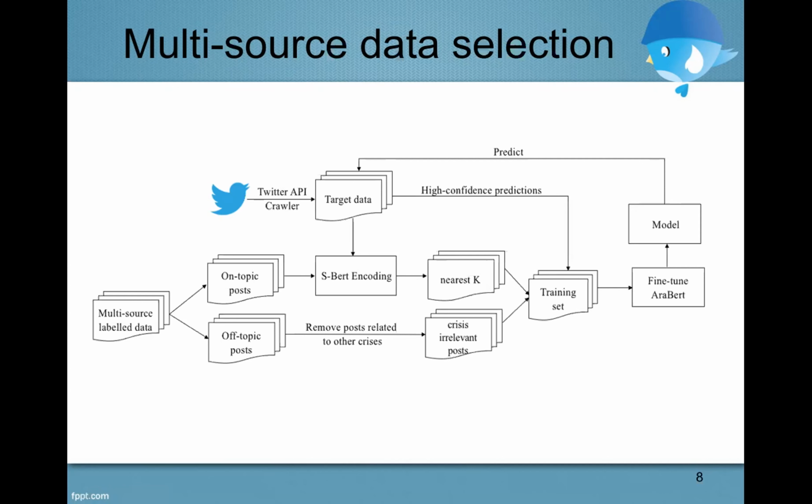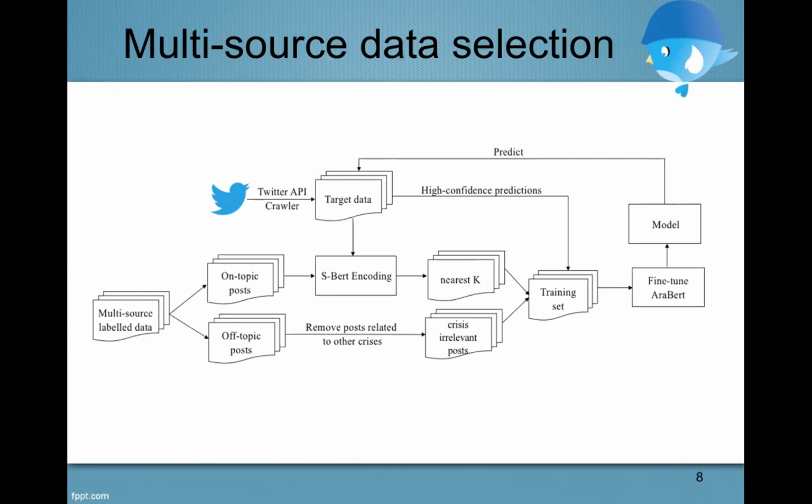We only select the most relevant data from on-topic posts, and we use all off-topic posts because we have a very skewed dataset with a relatively small percentage of irrelevant tweets. The other reason is that we cannot predict what personal or irrelevant messages can be discussed within the event.